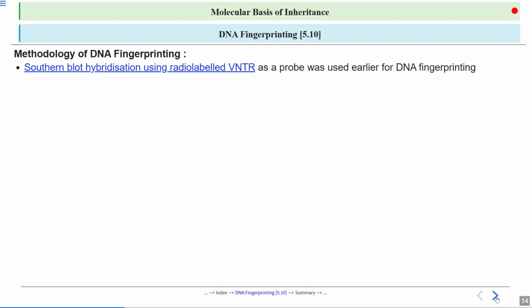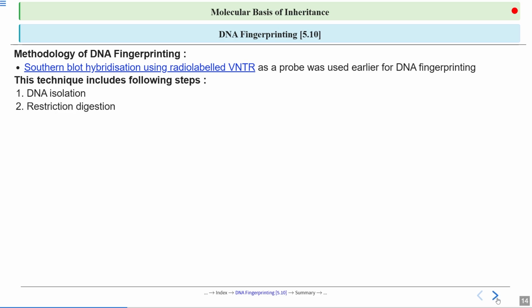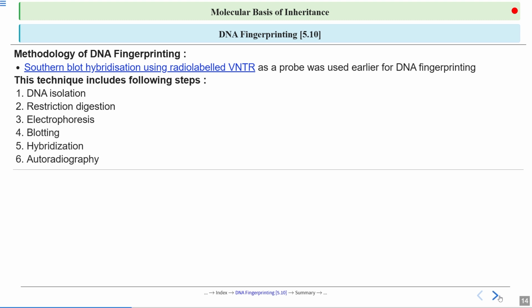Now comes the methodology of DNA fingerprinting, how DNA fingerprinting has been done. Southern blot hybridization using radio-labeled VNTR as a probe was used earlier for DNA fingerprinting. This technique includes the following steps: DNA isolation, restriction digestion, electrophoresis, blotting, hybridization, autoradiography.